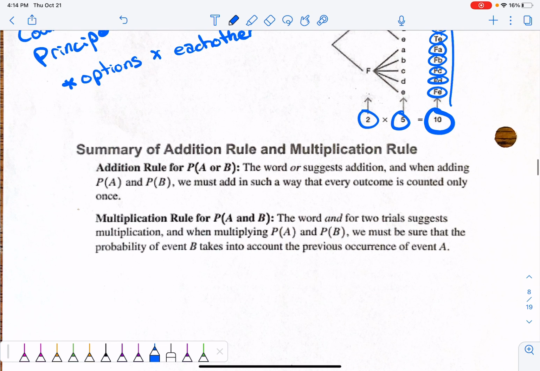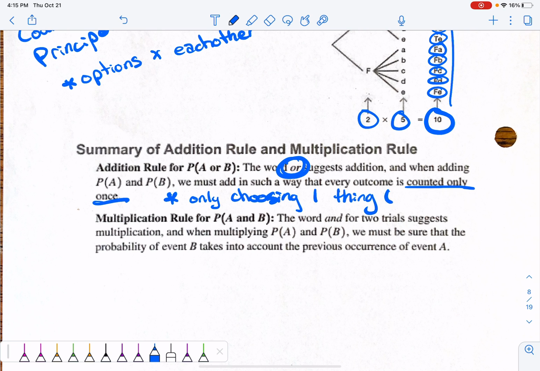Last thing, summary for addition and multiplication. When you're doing addition, you use the word or, and you want to make sure that you're only counting once. You're only choosing one thing, but it could possibly be from multiple categories.